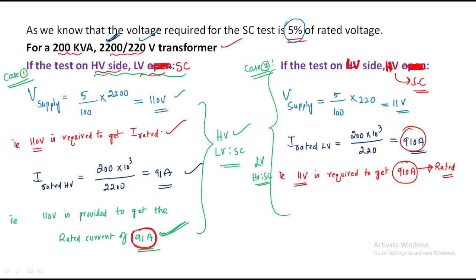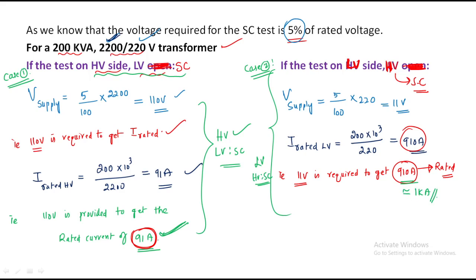Thus we see that if the measurements were made on the low voltage side, the voltage needed would be inconveniently low, that is 11 volts only, but the current would be inconveniently high, that is 910 amperes, approximately 1 kilo ampere. This is not impossible to get with precision range meters.